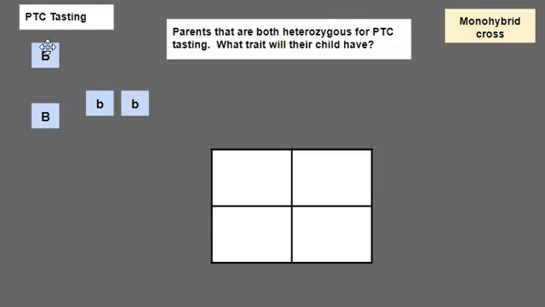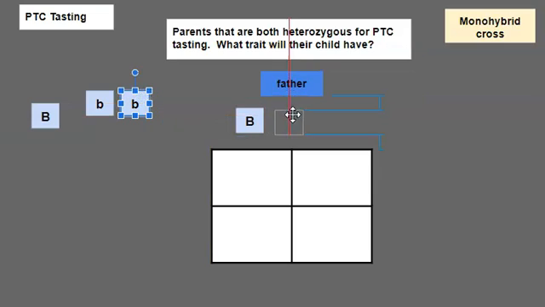Remember, hetero means different. So if the parents are heterozygous, that means both parents. This is the father. Let's go ahead and make a little box for him showing this is the father. He's heterozygous, so he has one big B and one little b.